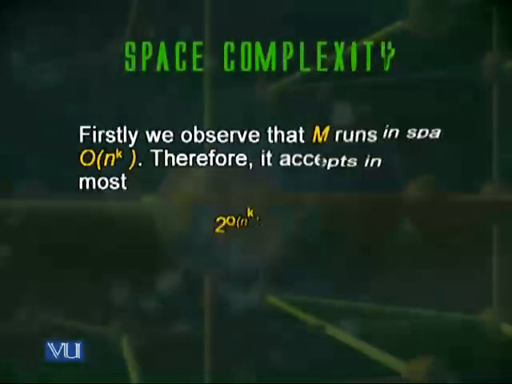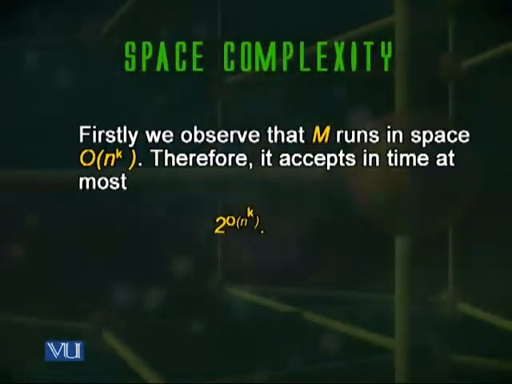The first thing we know is that this Turing machine takes polynomial space. So every configuration of this Turing machine would be of polynomial length in the length of the input. That's one thing we know. So first we observe that the machine runs in space O(n^k).